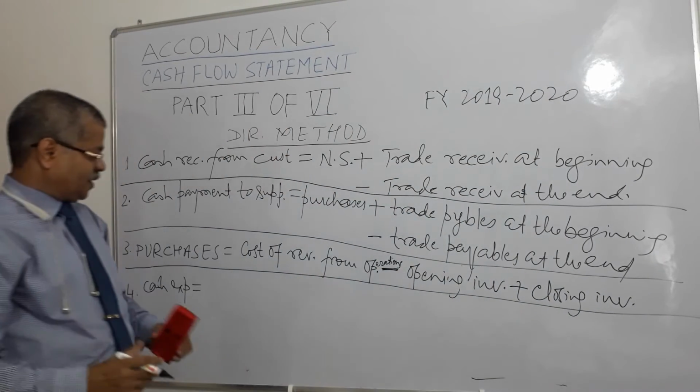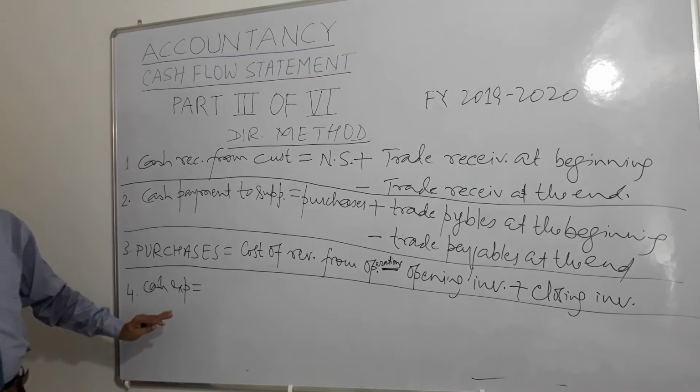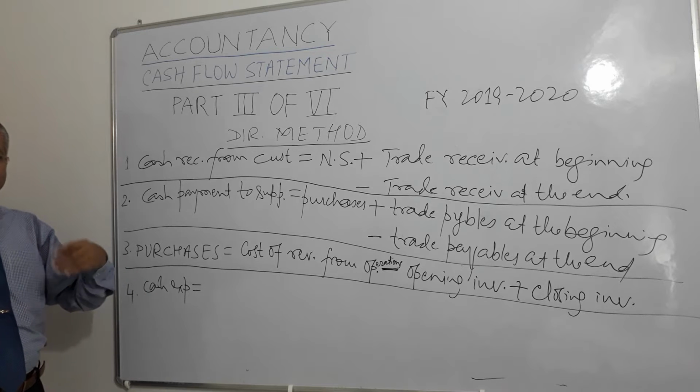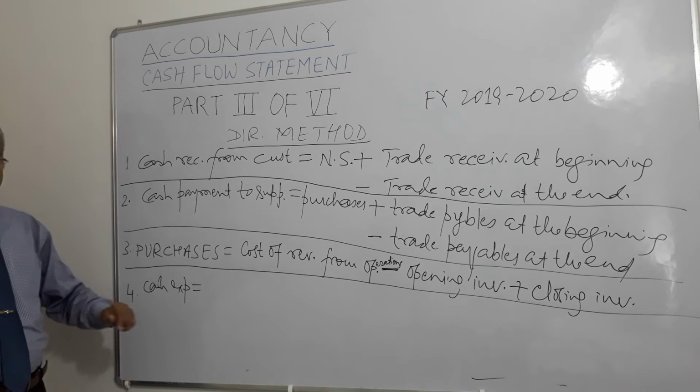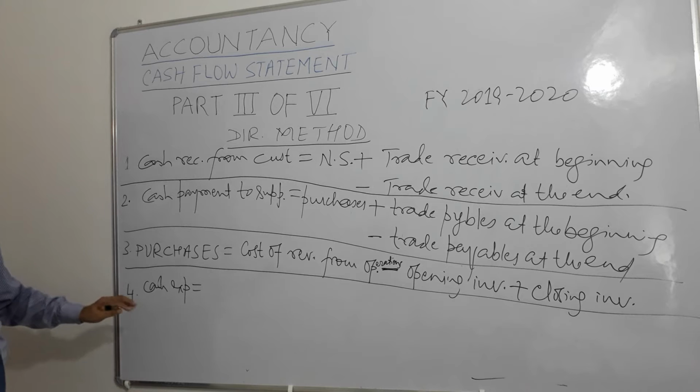Cash expenses, the fourth item. Try to understand this better, something needs to be remembered in this.